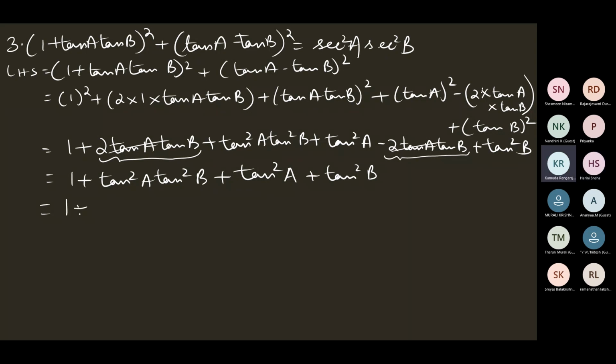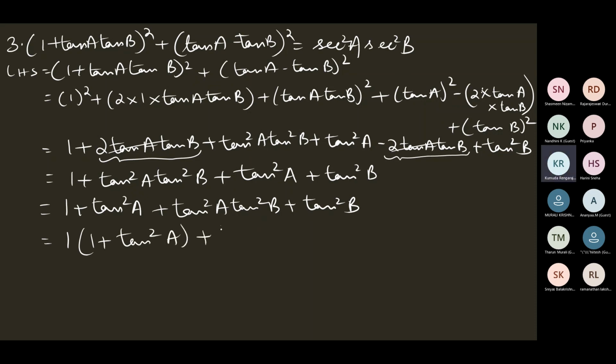Anything. You can write 1 plus tan square A, or tan square B here. At one end you can write tan square A or tan square B. Then write tan square A tan square B plus tan square B. Correct. So between the first and second term, only 1 is common.